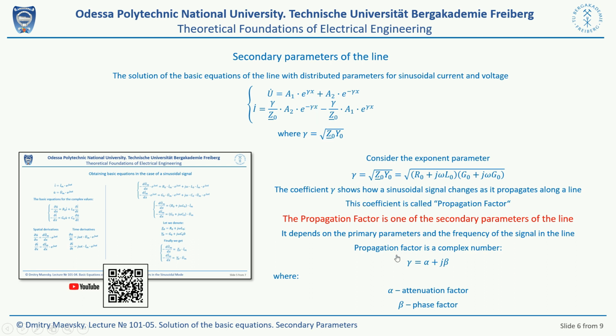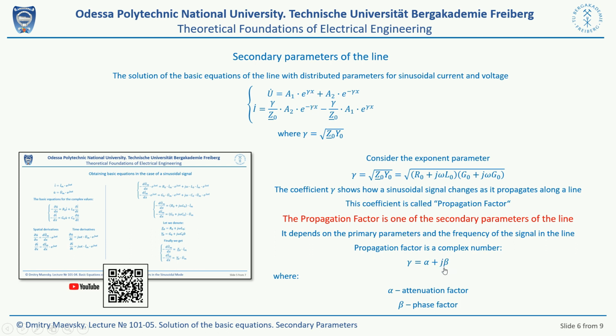The real part of this complex number is denoted as alpha. It is called the attenuation factor because it shows how the amplitude of the current and voltage decreases as it propagates from the beginning of the line to its end.